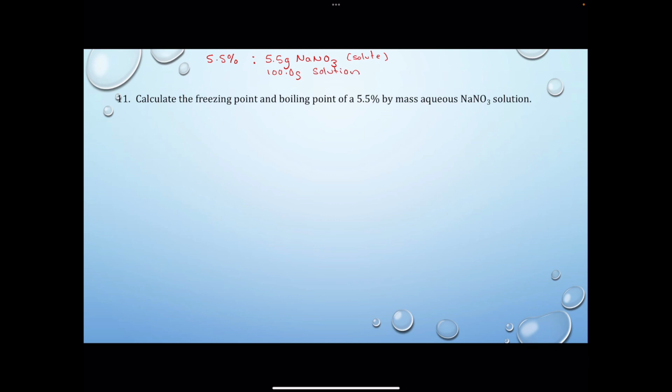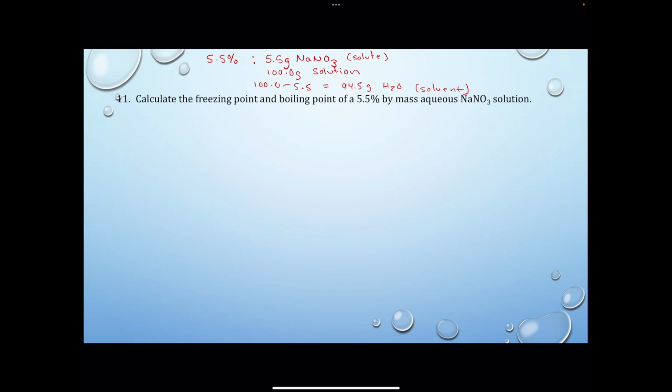And then the remaining mass is my solvent. So the 100 minus 5.5 gives me 94.5 grams of water, which is my solvent. And I know water is my solvent because in this case we were specifically told it was an aqueous solution.